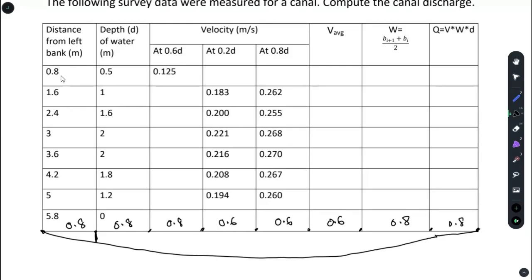So let's concentrate on the first point where we measured the depth. The depth was 0.5, and it was less than 0.6.